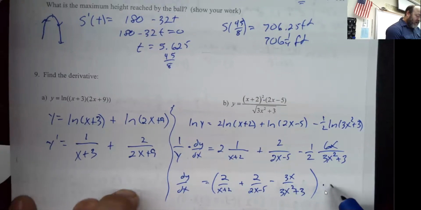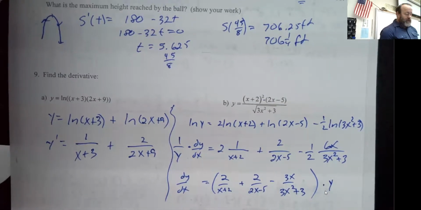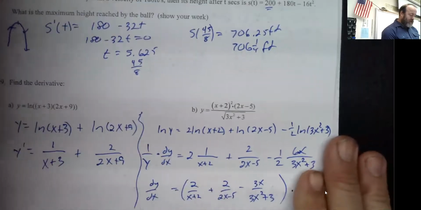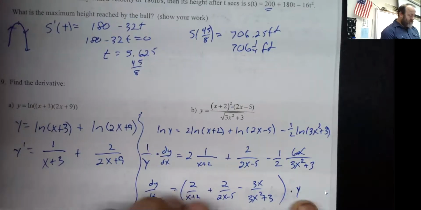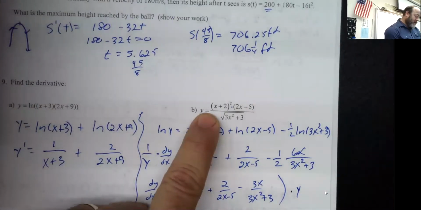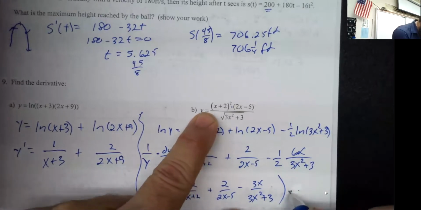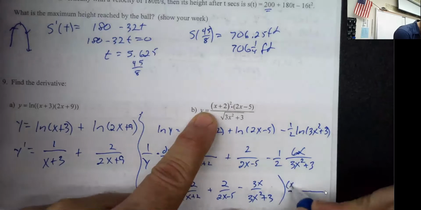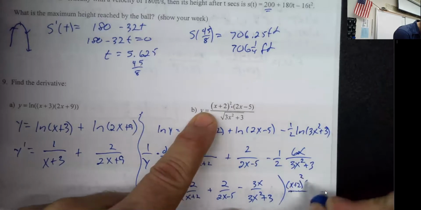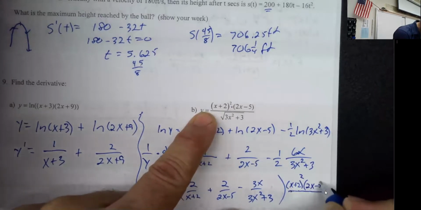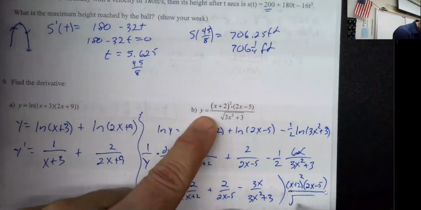Now, you could write times y, but that's really not the way we're supposed to finish the problem, because we know that y was this original mess right here. And so that's what we're going to do. We're going to multiply that by all of this ugly, terrible stuff up here.